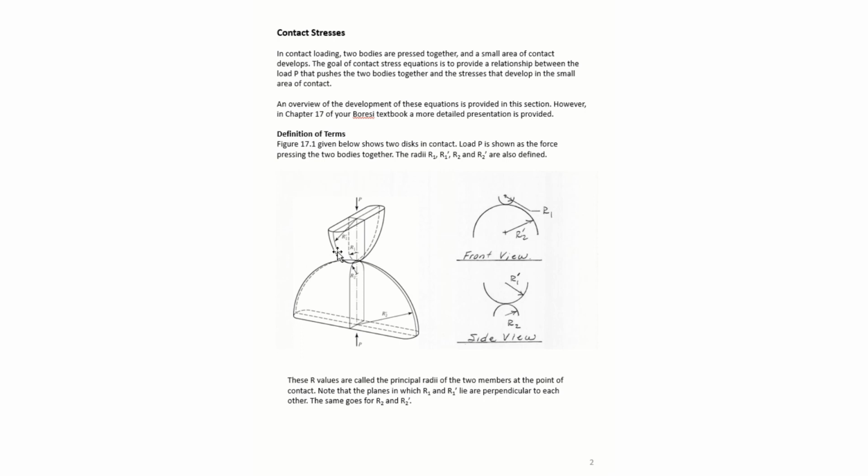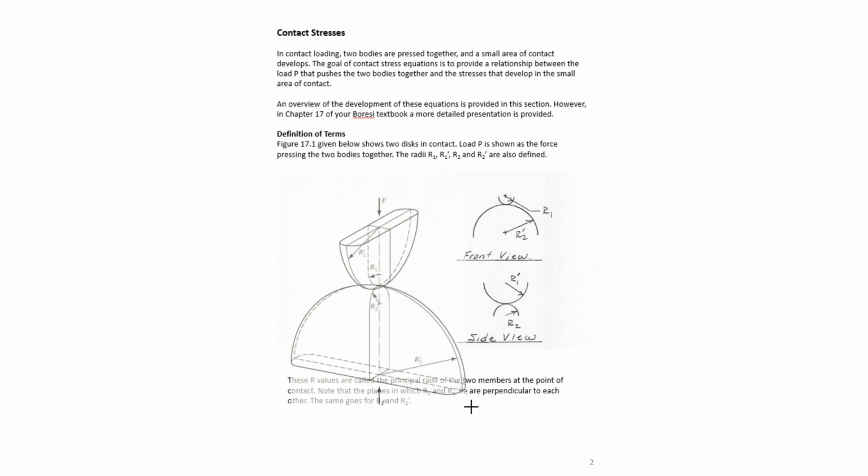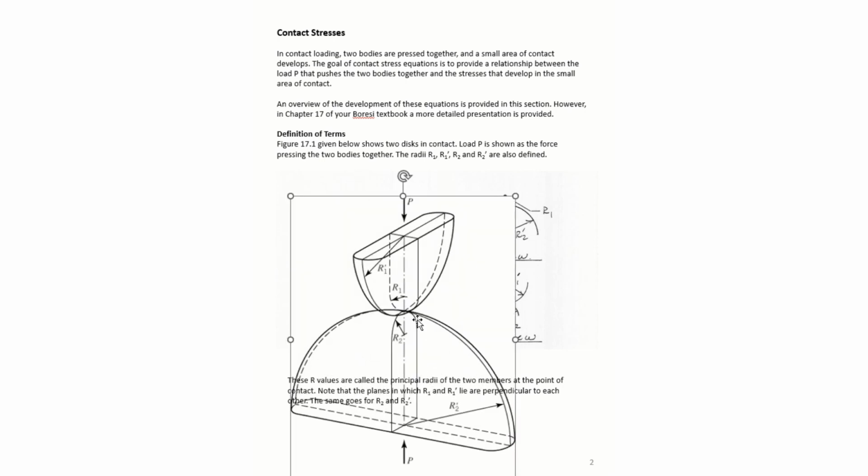For one body, we call this small radius right here R1, and this major radius R1 prime, and you can see that we actually use some prime values. So maybe I can grab this and blow it up a little bit so that you can see it.